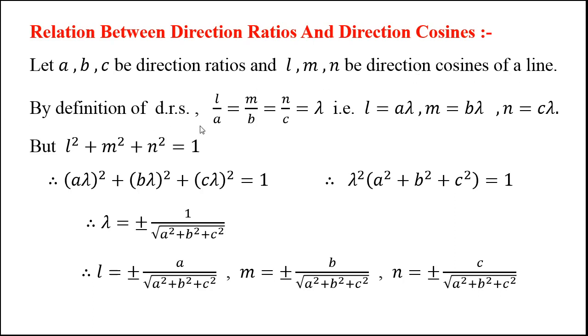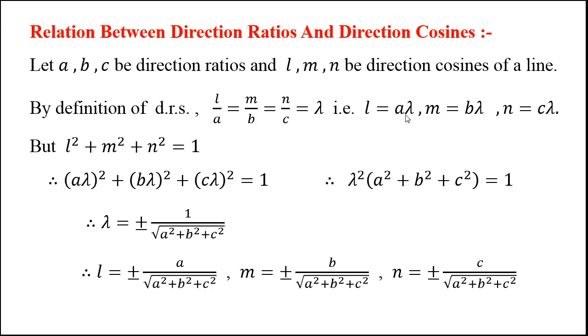Then by definition we have these elements are proportional to a, b, c. So l upon a is equal to m upon b is equal to n upon c, and suppose this ratio is lambda. So l is equal to a lambda, m is equal to b lambda, n is equal to c into lambda. But we have proved the relation l square plus m square plus n square is equal to 1.